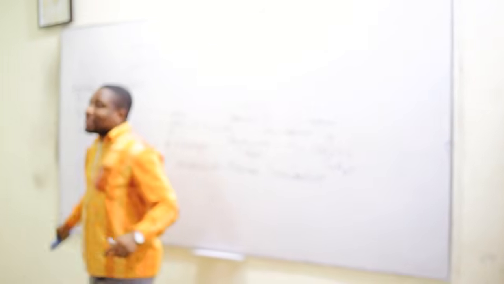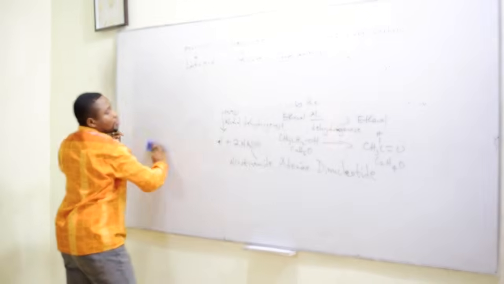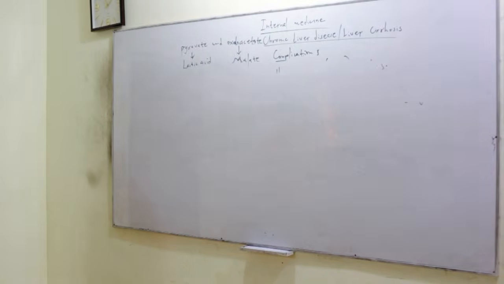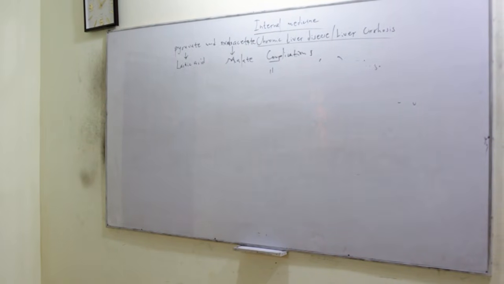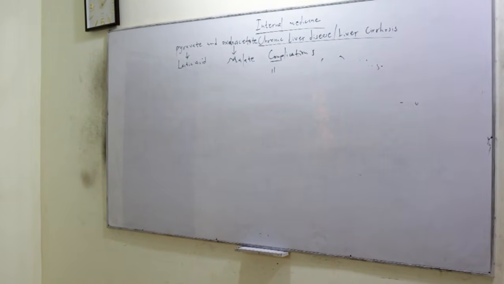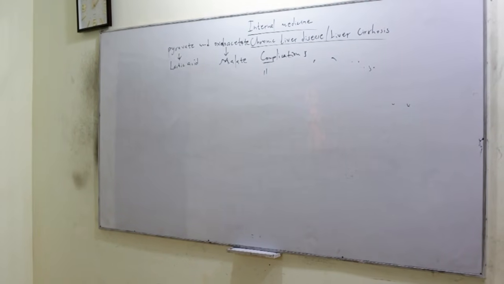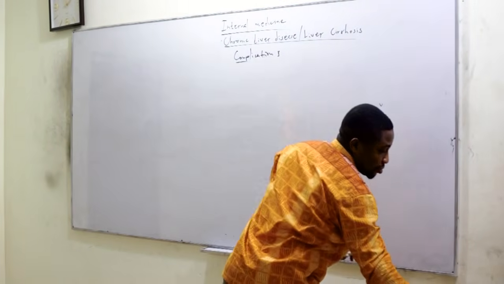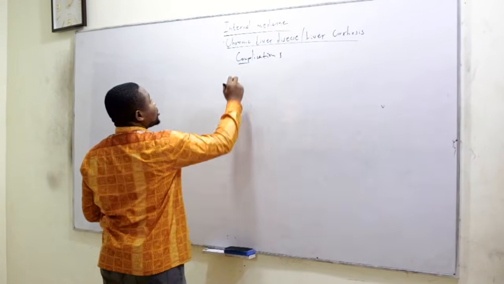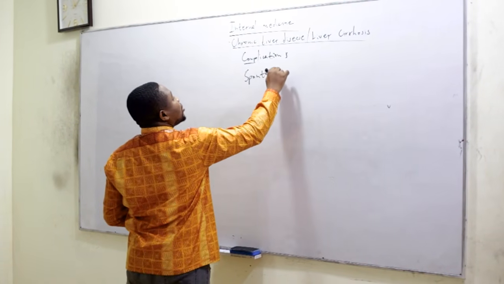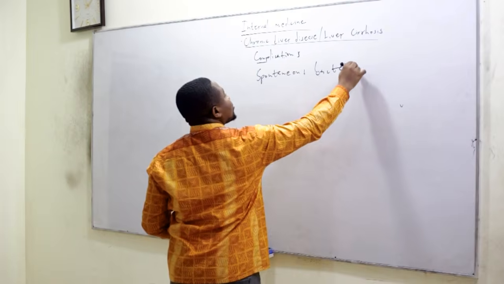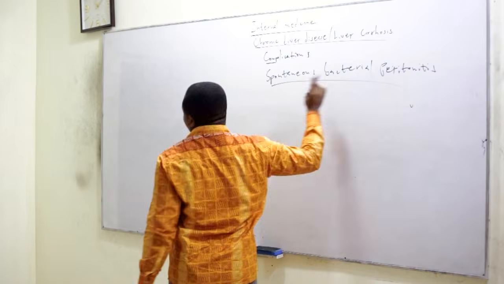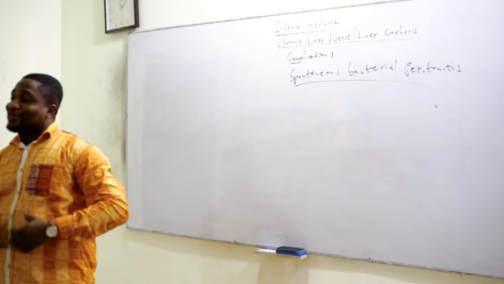So the next one, spontaneous bacterial peritonitis. For this one, it means that there has been an infection of the what?